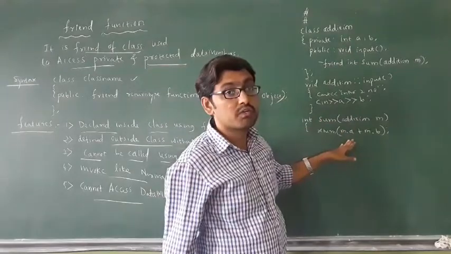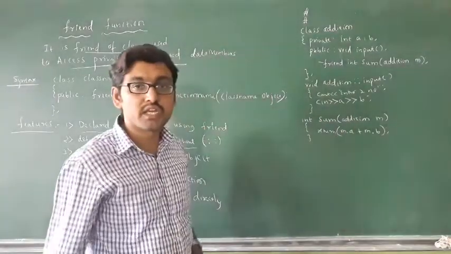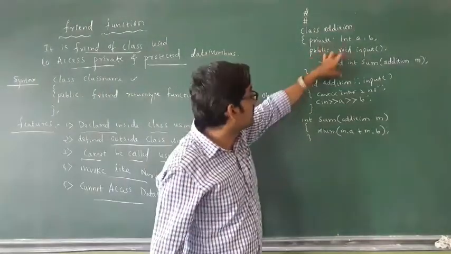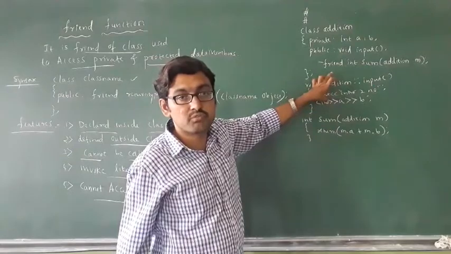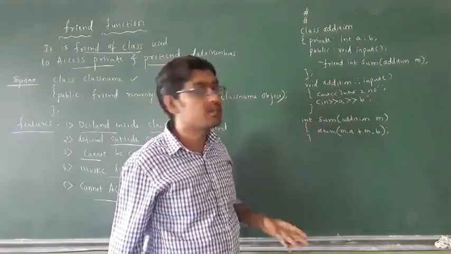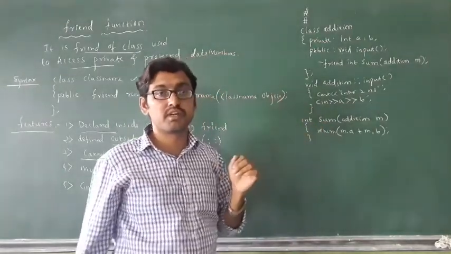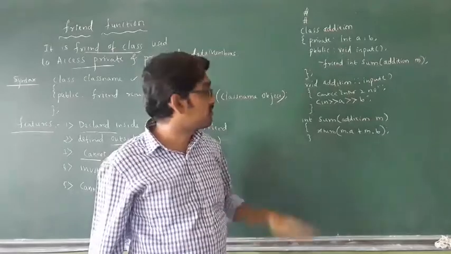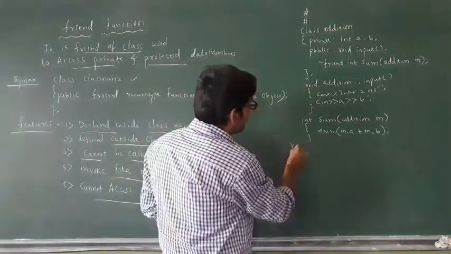Okay, we have two functions: one function I wrote using the scope resolution operator, and the other without using it, because sum is a friend function. The next, void main.